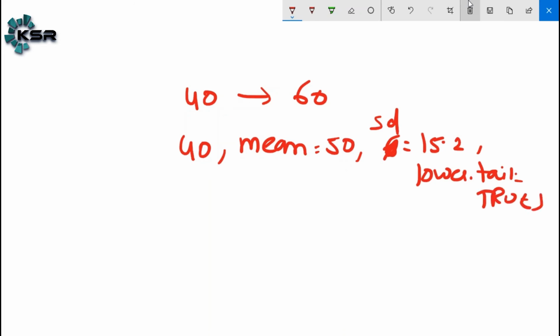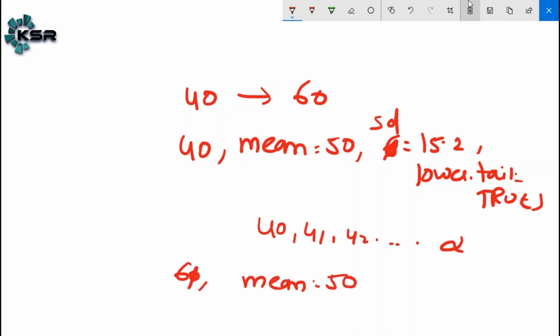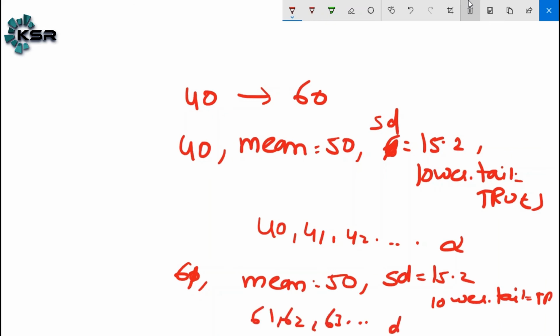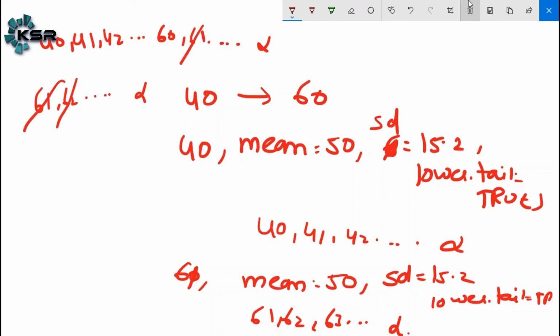So here in this case, what happens? It will consider up to 40, that is 40, 41, 42 and so on, going to infinity. For the next value, minus 61, mean equal to 50, SD equal to 15.2, lower.tail equal to TRUE, it will go 61, 62, 63 and so on to infinity. The values will cancel, so we are going to get only this portion of the data.